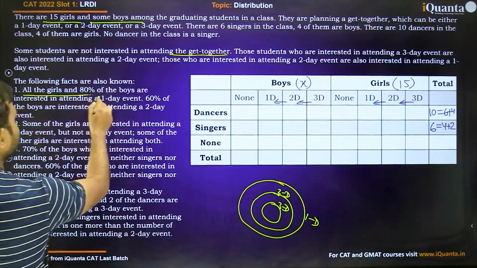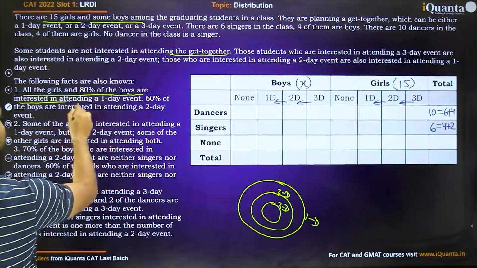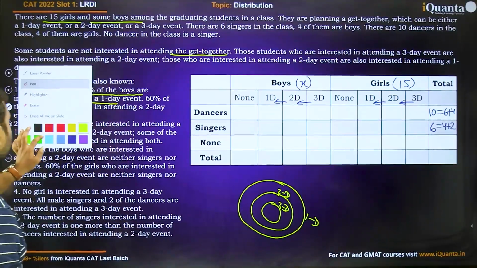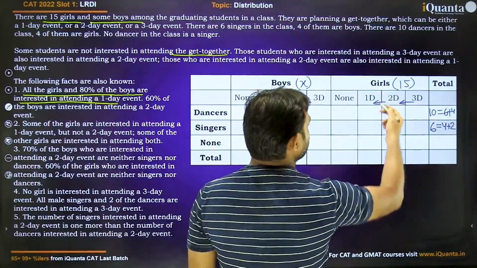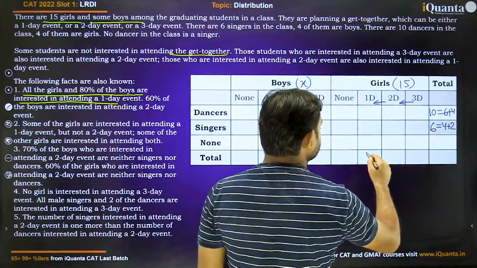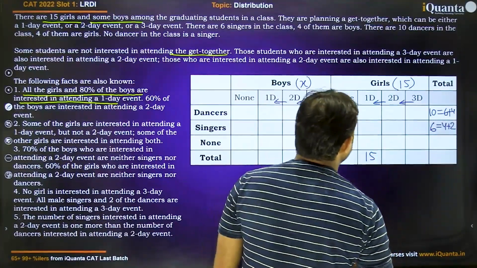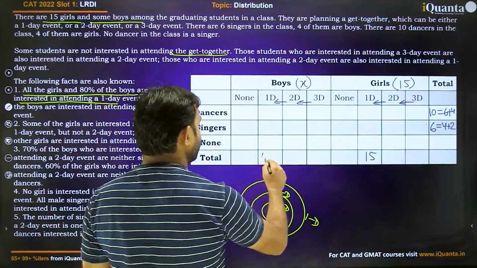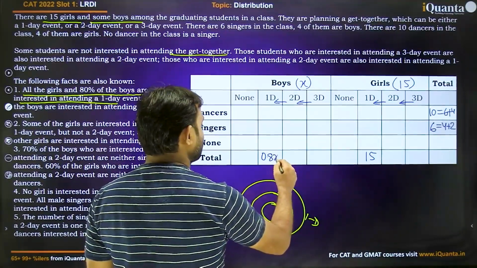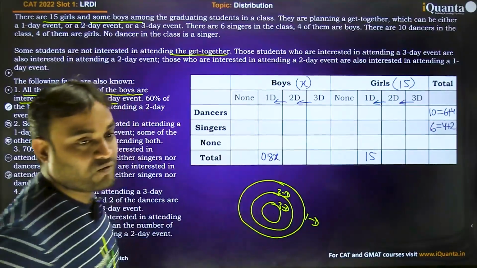All the girls and 80% of the boys are interested in attending 1-day event. So all the girls means 15 girls, right? 15 out of 15 girls are interested in attending 1-day event, and 80% of the boys, so 0.8x boys, are interested in attending 1-day event.